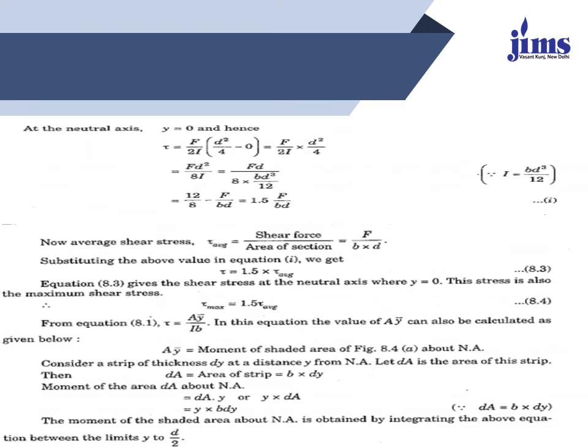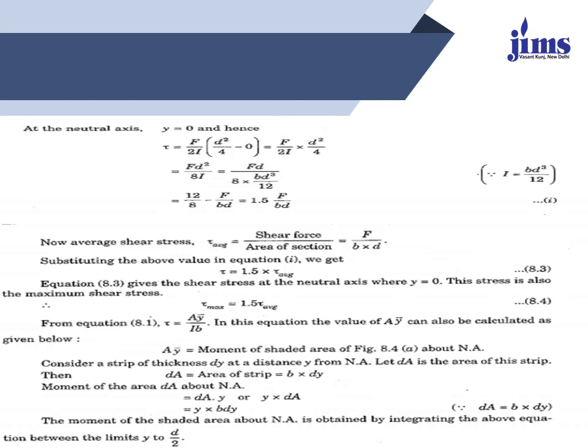Next, at the neutral axis, y is equal to 0, hence tau is equal to 1.5 F divided by B D. Now the average shear stress, that is tau average, is equal to the shear force divided by the area of the section, which is equal to F divided by B into D. Substituting the above value in equation 1, we get tau is equal to 1.5 multiplied by tau average. Equation 8.3 gives the shear stress at the neutral axis where y is equal to 0. This stress is also the maximum value, that is tau max is equal to 1.5 multiplied by tau average.